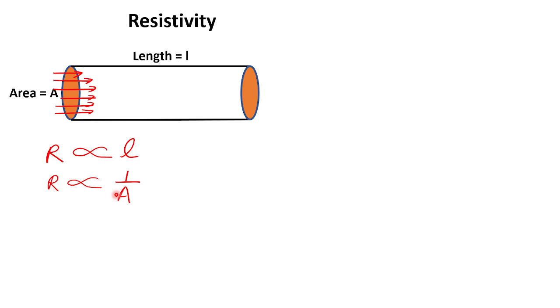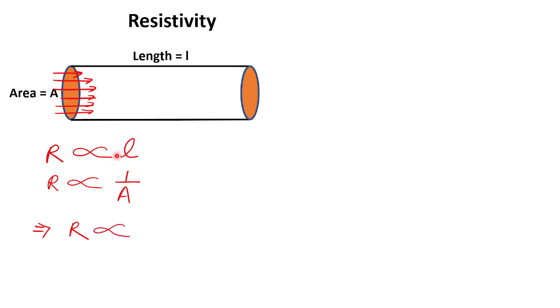Okay, let me conclude. After that, I will interact with you. So R is directly proportional to L. R is also directly proportional to 1 by A. There is a result in mathematics: if R is proportional to L, and R is also proportional to another quantity, then R will be proportional to their product.